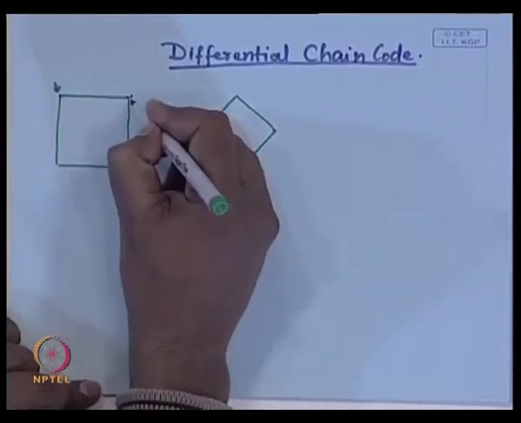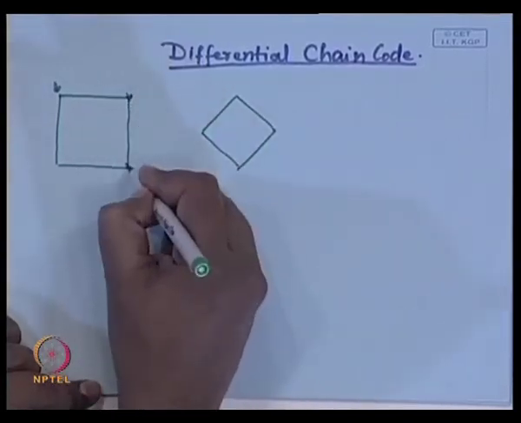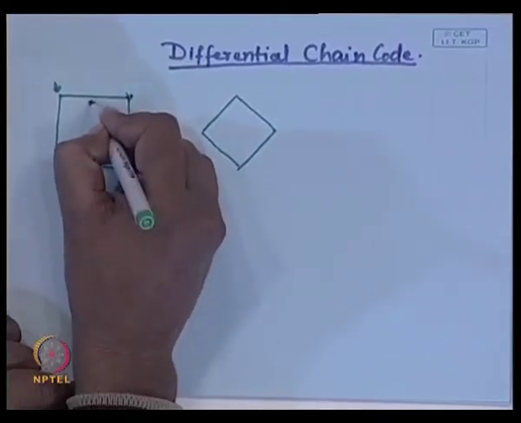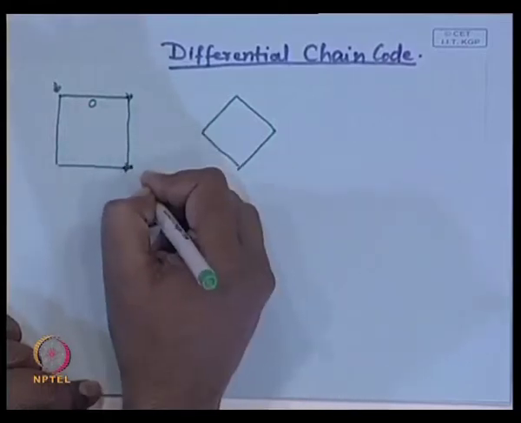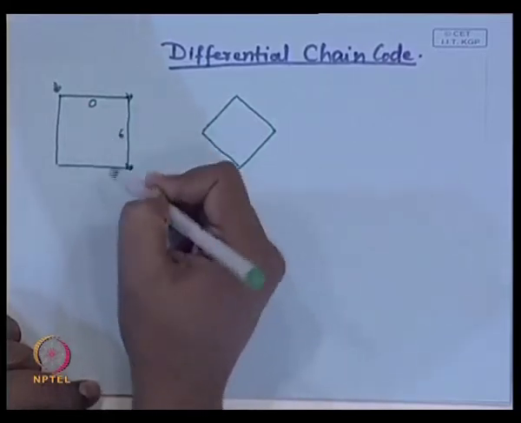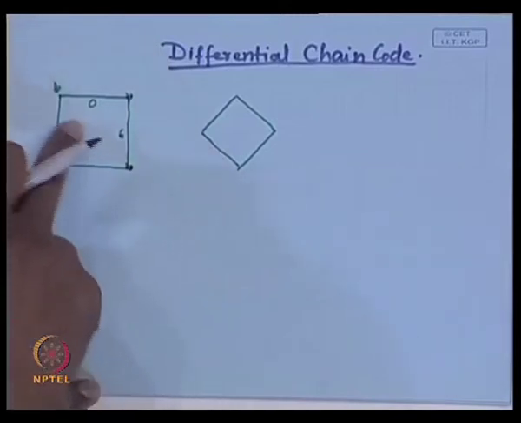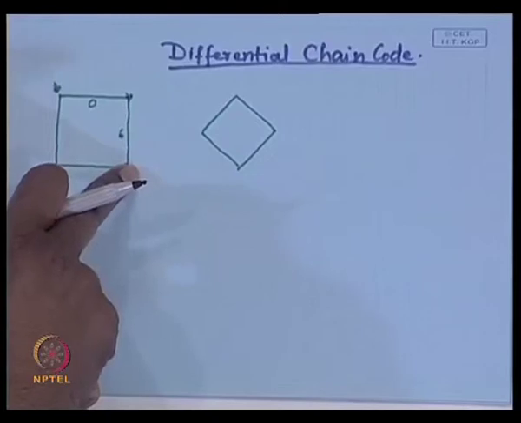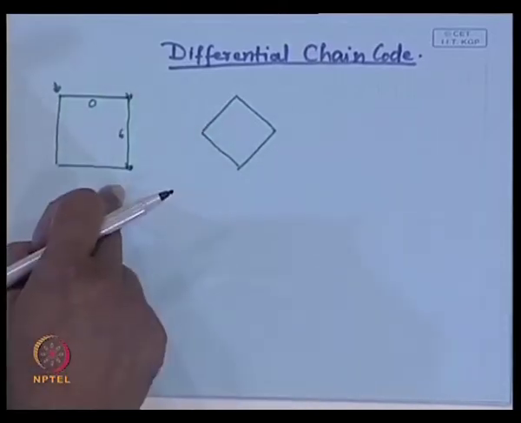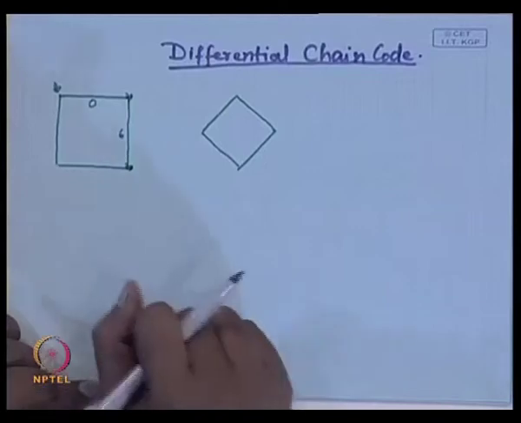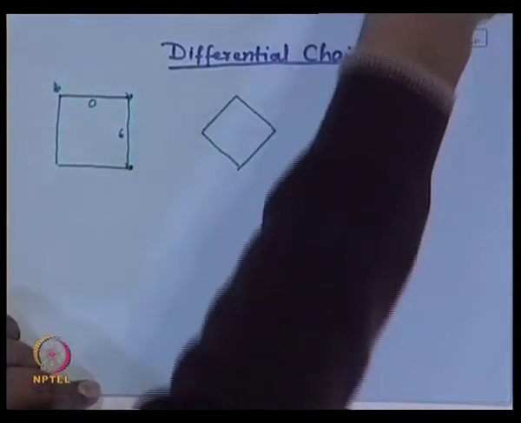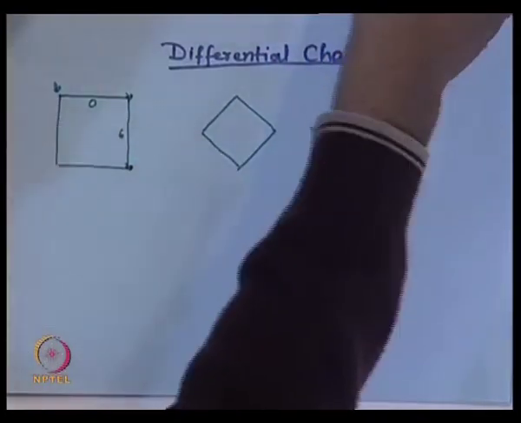When I move from the second point to the third point, here the code was supposed to be 0, and here the code was supposed to be 6 following 8 connectivity. So, instead of giving this direct code, what I give is how many rotations, either in the clockwise direction or in the anticlockwise direction, in my coding scheme have to be made so that I move from 0 to 6.